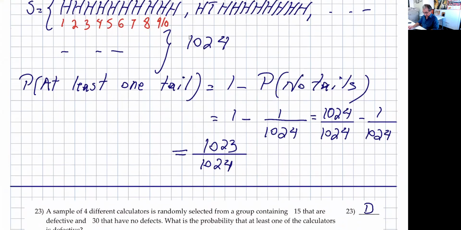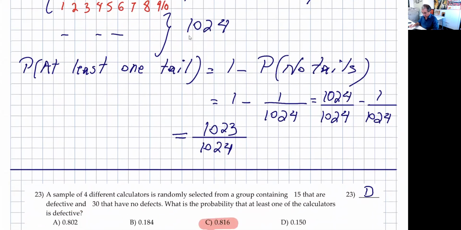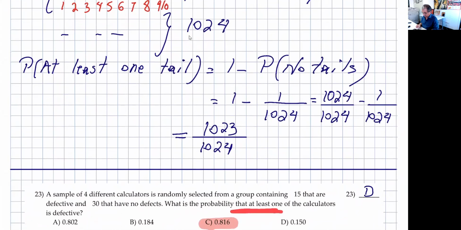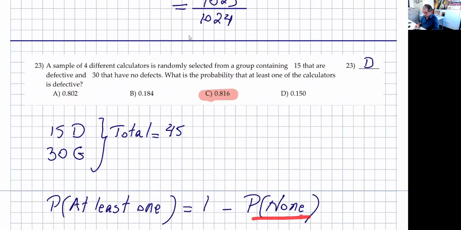Let's check the next problem. A sample of 4 calculators are randomly selected from a group containing 15 that are defective and 30 that have no defects. What is the probability of at least, we got that again, 1 calculator is defective? At least 1 defective means 1 minus no defects.